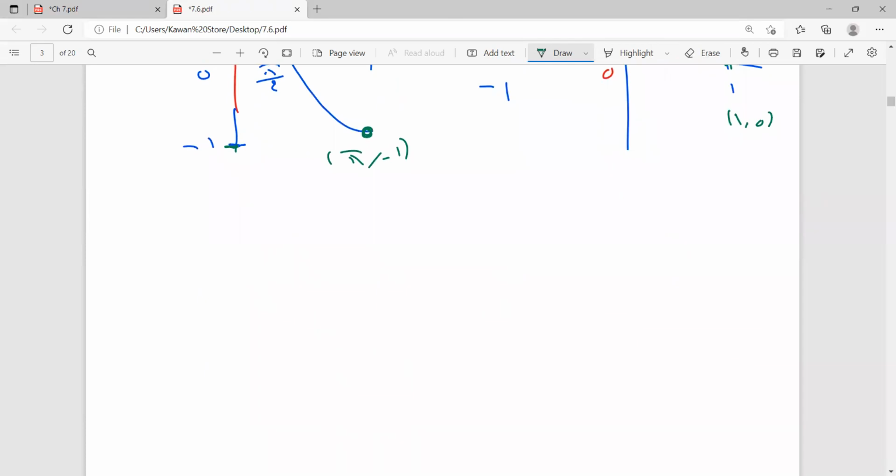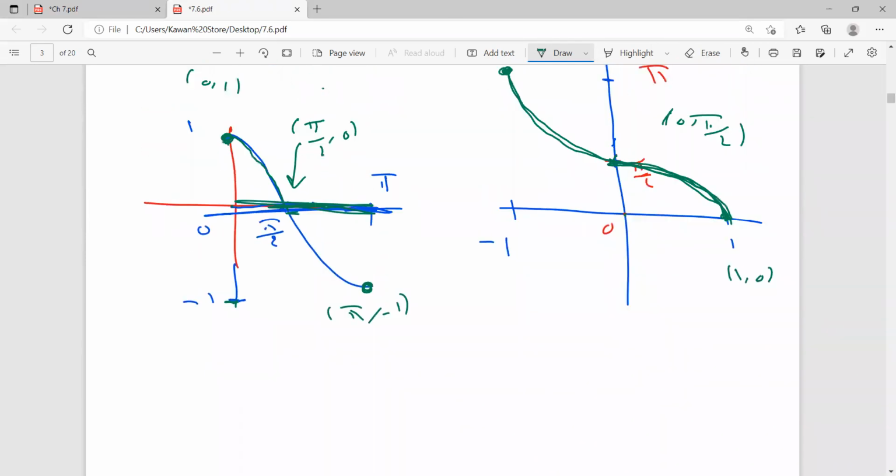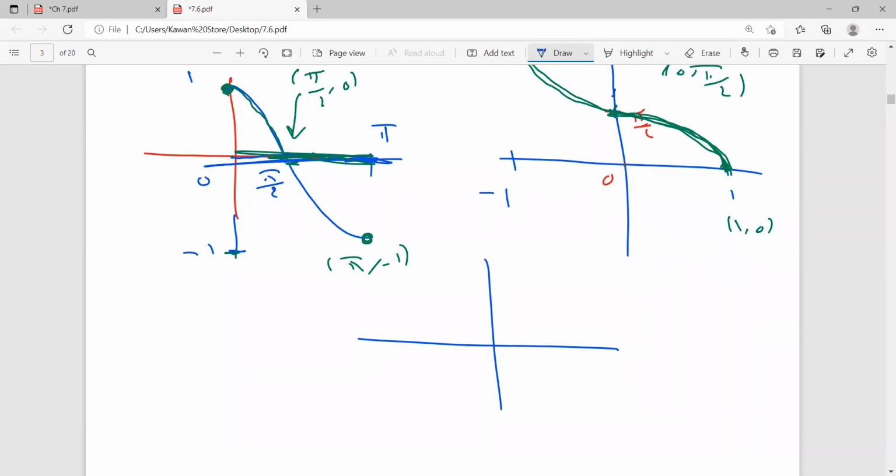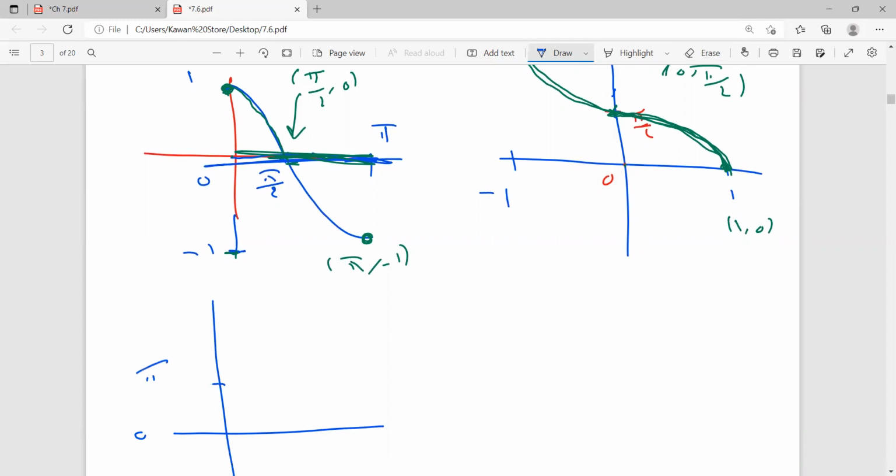For the second strategy, maybe the other students say, no, I'm not going to do it like that, I'm going to use the previous graph. Here's x, here's y, 0, pi over 2, and pi, here will be 1, here is -1.